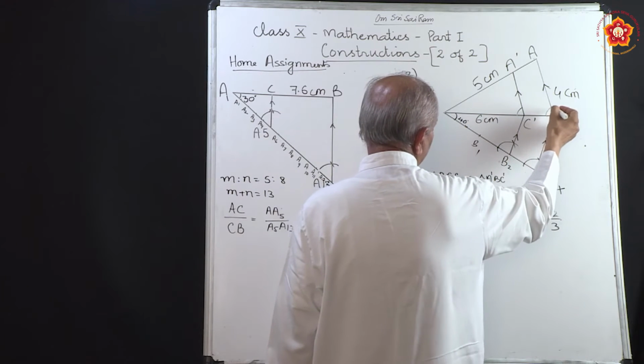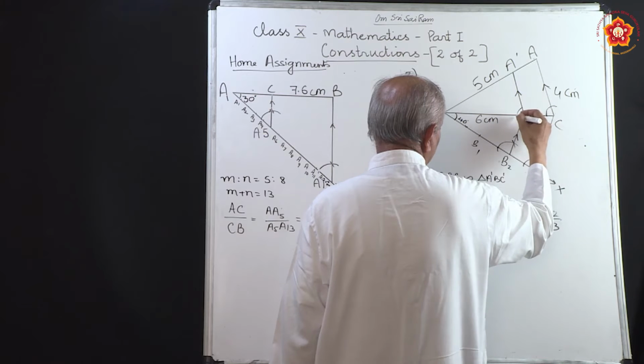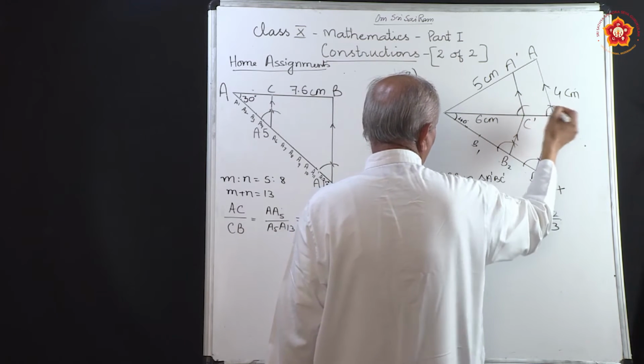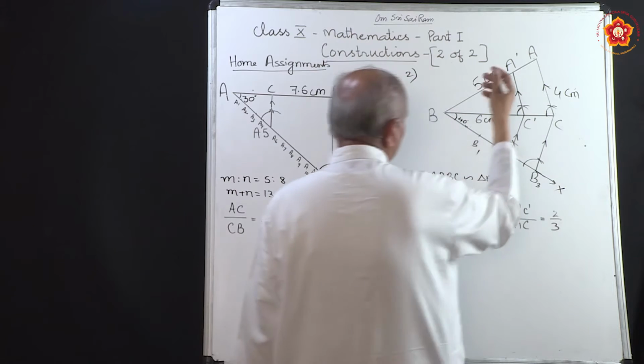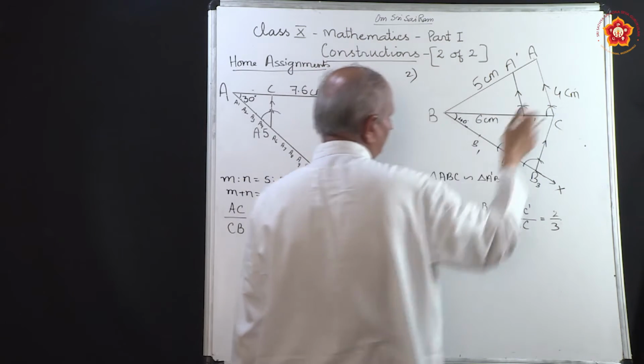So, how to do it? First you take an arc like this using compass, same arc you do it here also, and cut off one more arc like this. Now you are drawing a line called A dash C dash parallel to AC.